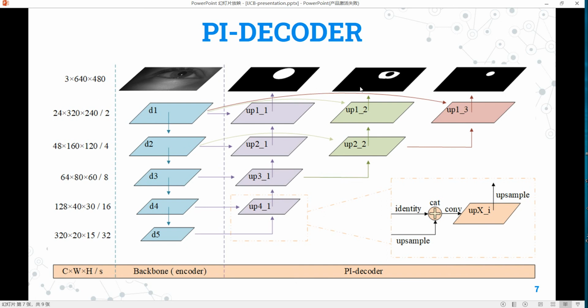In this way, the decoder is designed, and the 3 branches respectively output the segmentation maps of the 3 tasks. The specific implementation details of the network will not be explained in detail.